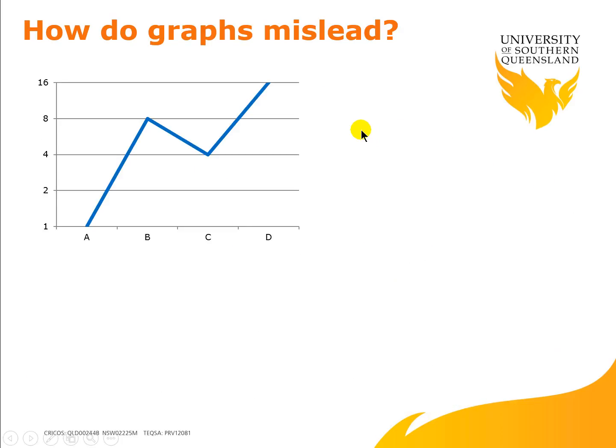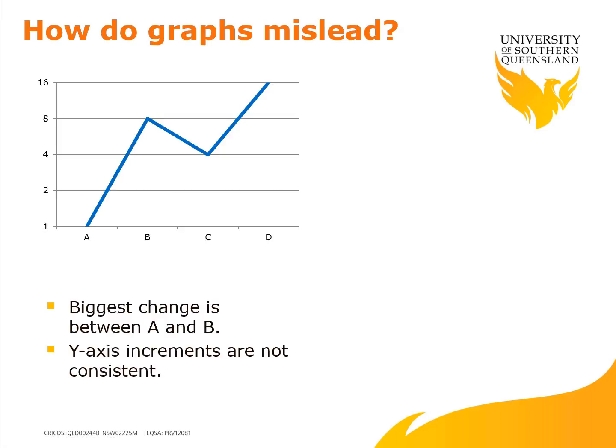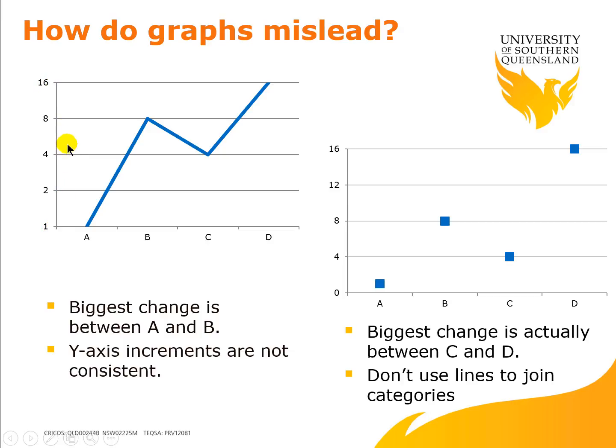So in this graph here, when we first look at this, it really looks like the biggest difference is between category A and B. But when we look a bit closer, we can see that these y-axis increments are not linear, so we're going 1, 2, 4, 8 and 16.